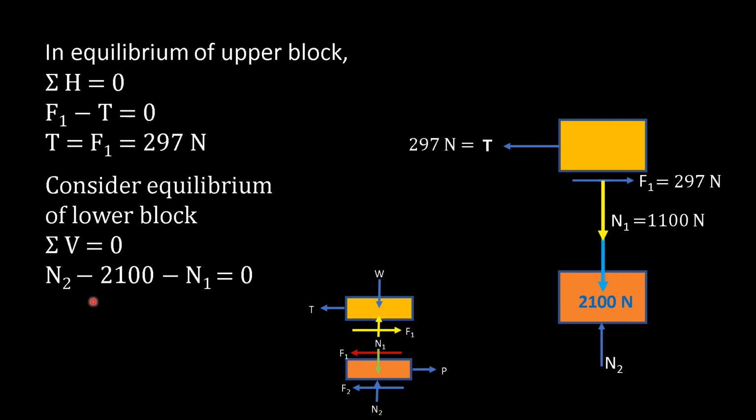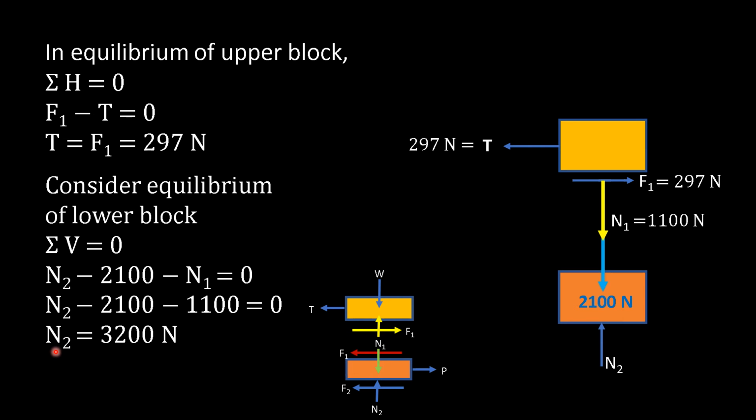N2 is positive because it is upwards. 2100 is negative because it is downwards. N1 is negative because it is downwards. N2 minus 2100 minus 1100 equals 0 because N1 is 1100. So N2 becomes 3200 Newton.